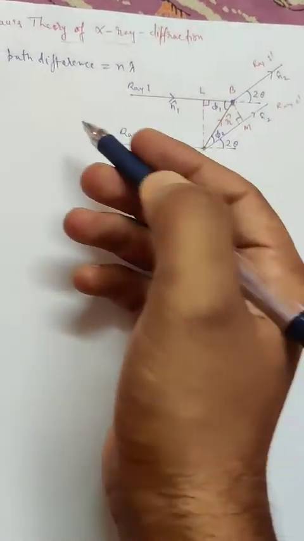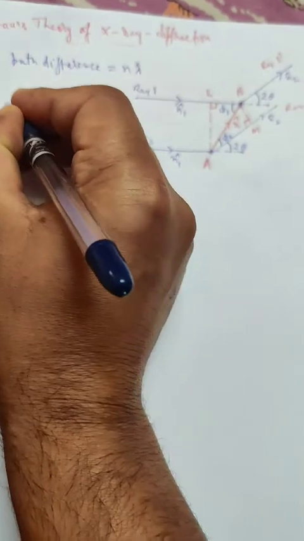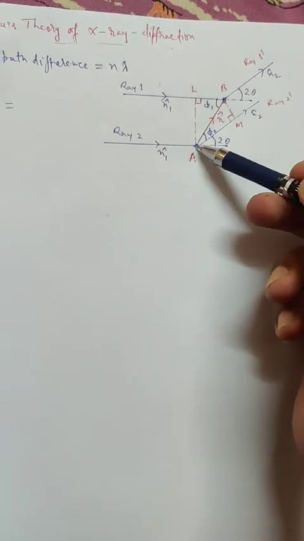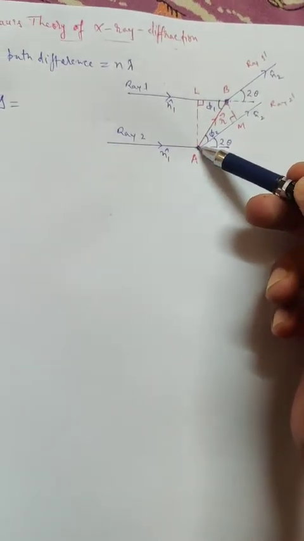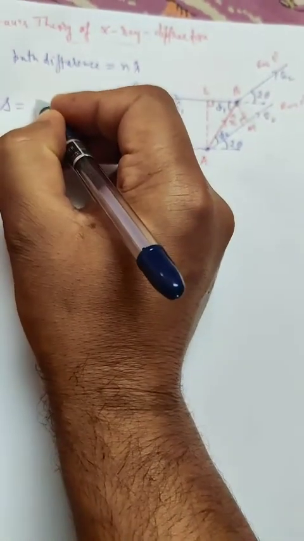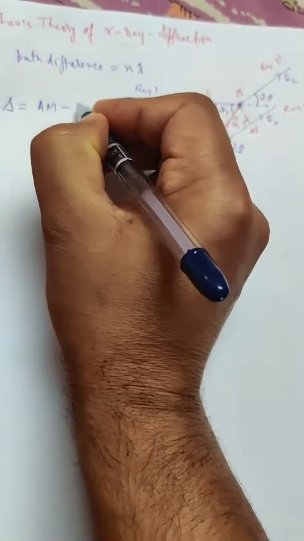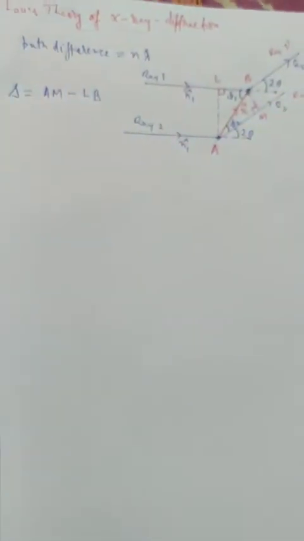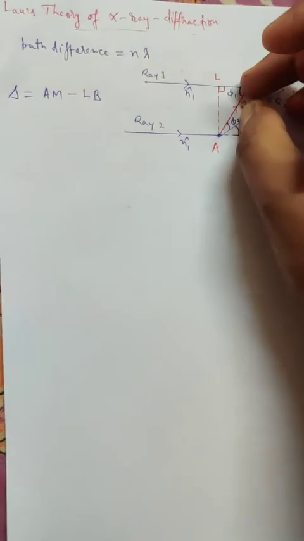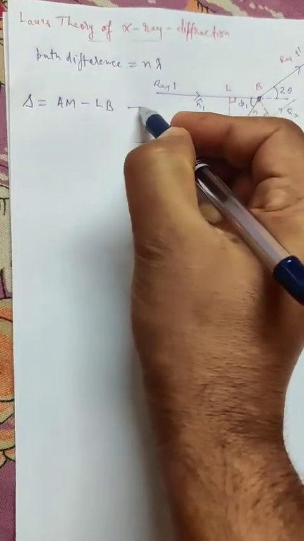So the path difference delta will be AM minus LB. This will be the path difference, and this is equation number 1.